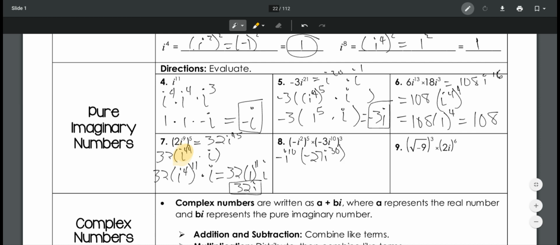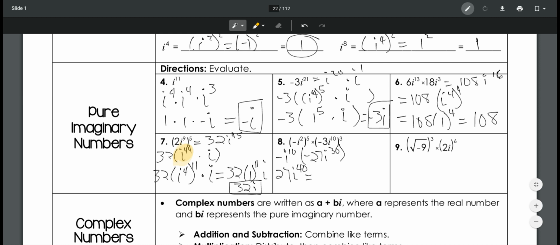Now, that was the power property of exponents. I'm going to apply the product property, which means I'm going to add up those exponents. So negative i to the 10th times negative 27i to the 30th becomes positive, because a negative times a negative is a positive, i to the 40th power.